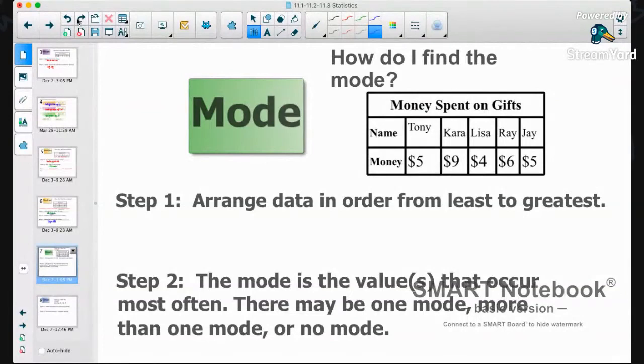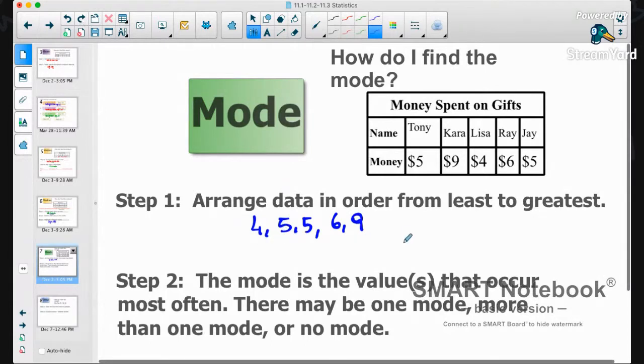Next, we are going to learn mode. To find the mode in statistics, step 1, we need to order the given data from least to greatest. Which one is the least? It is 4. After that, 5. The next is 5, and then 6, and the greatest one is 9.